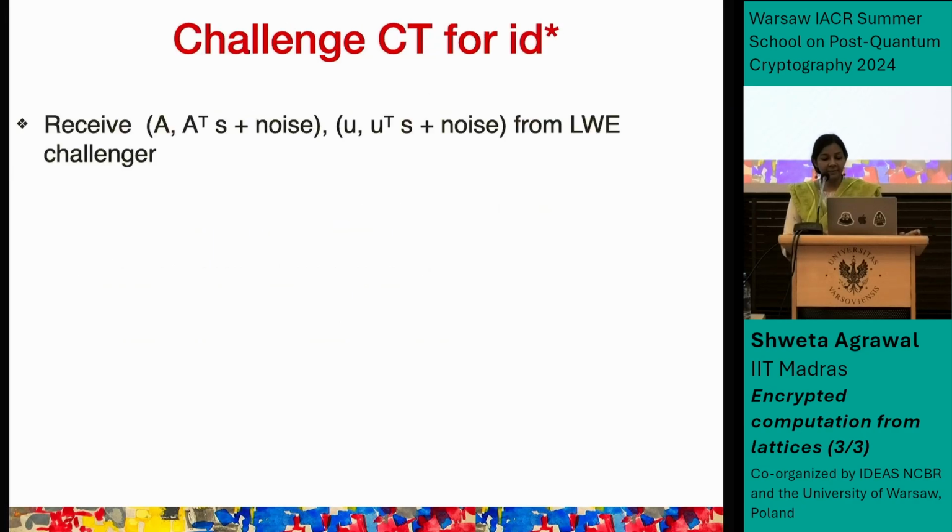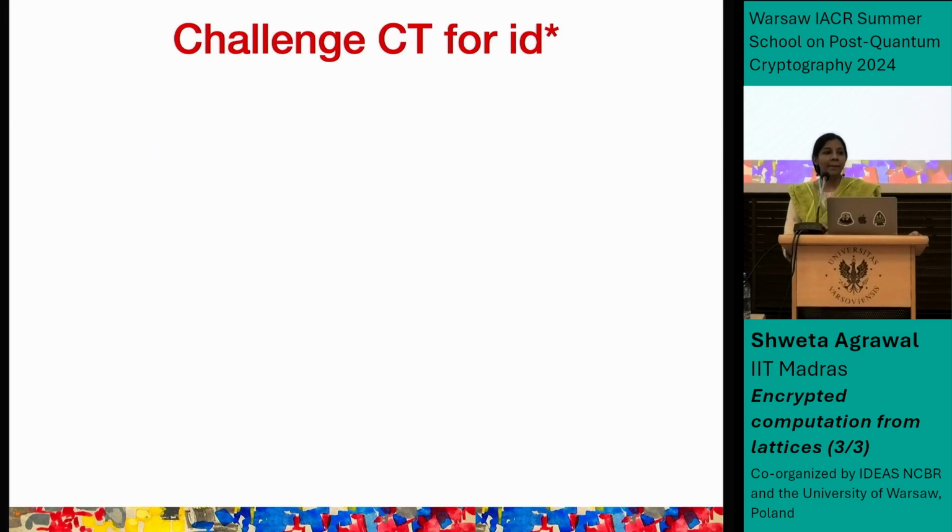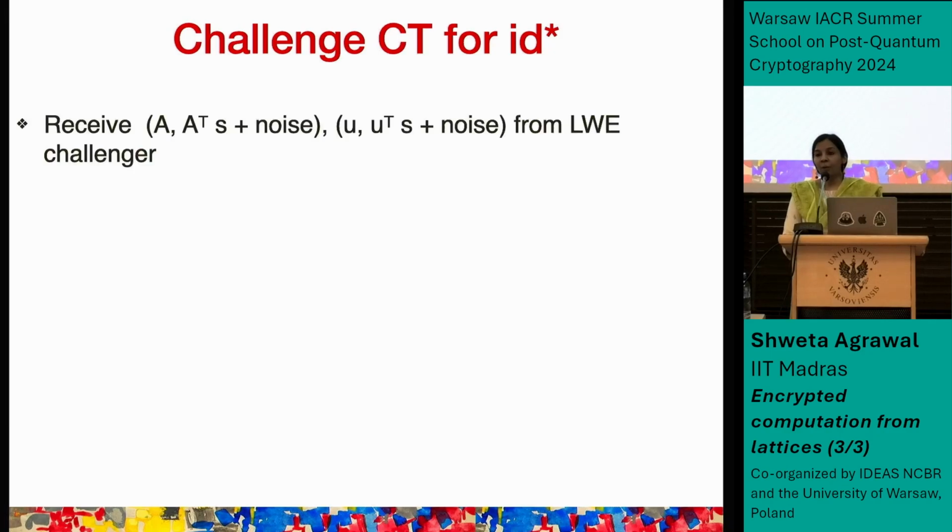First let's look at how it will embed LWE into the challenge ciphertext. So what does it do? Well, it needs to receive an LWE challenge from the LWE challenger, and it receives the following.